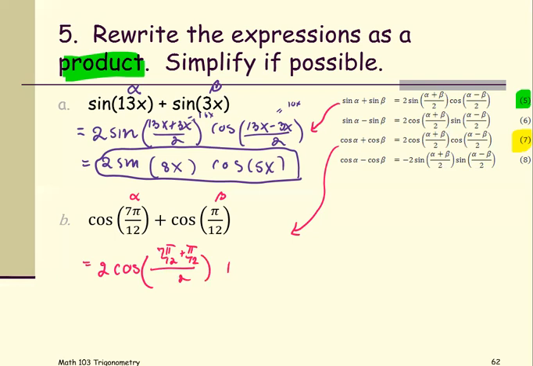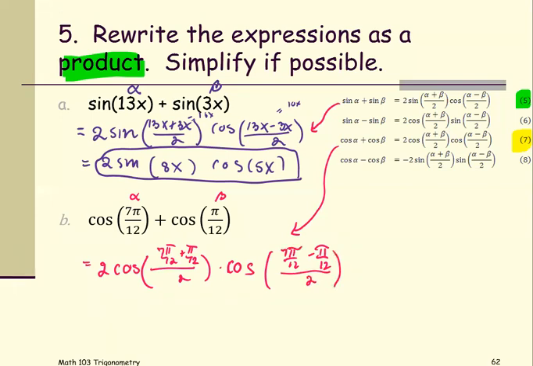And then multiply by cosine of the difference, 7 pi over 12 minus pi over 12, all divided by 2. Oh, sorry, wrong one. Subtracted by pi over 12. I was wrong. So this is pi over 12 because alpha minus beta, and all divided by 2.